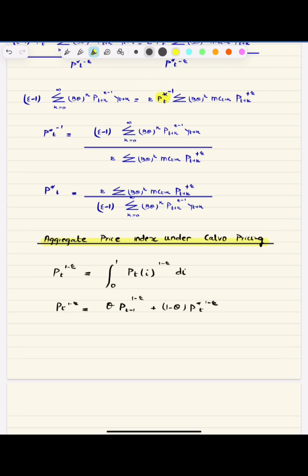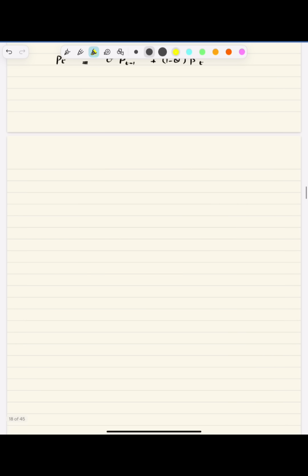So as a recap, the whole lesson was about how to derive the New Keynesian Phillips curve.